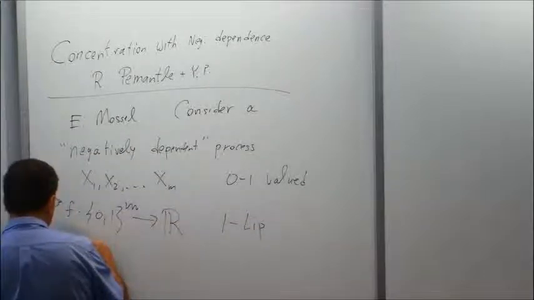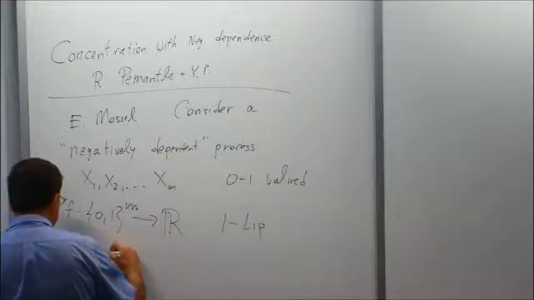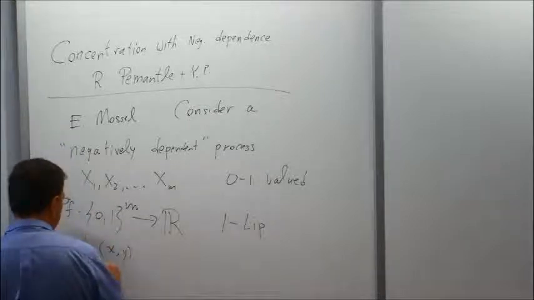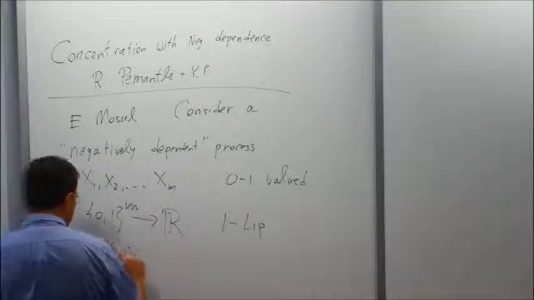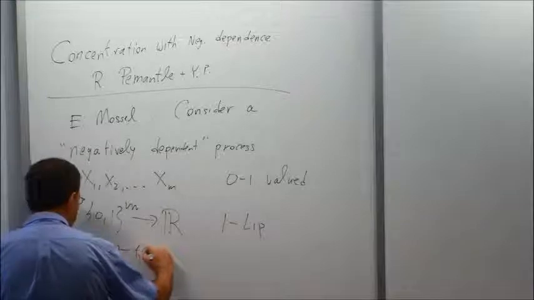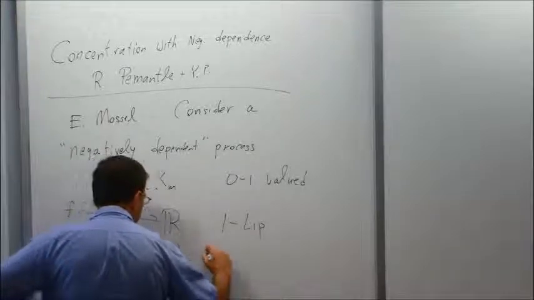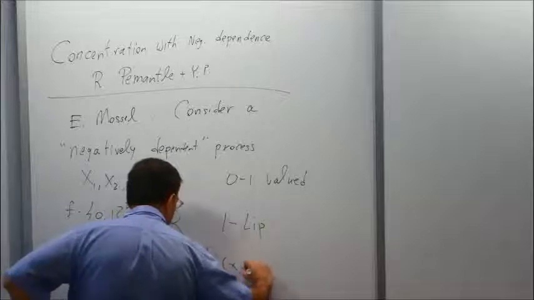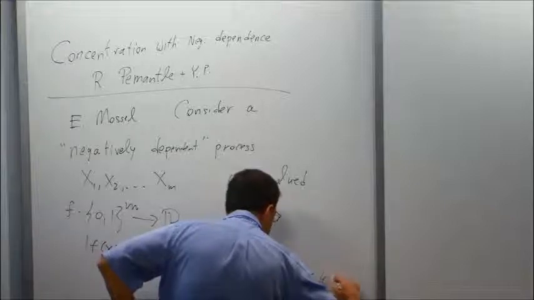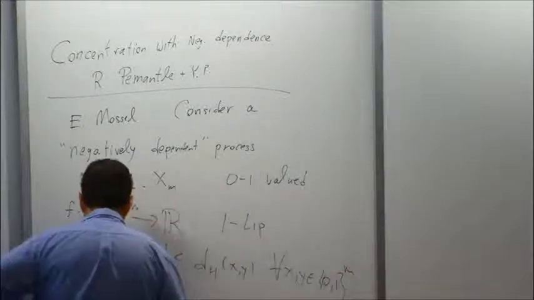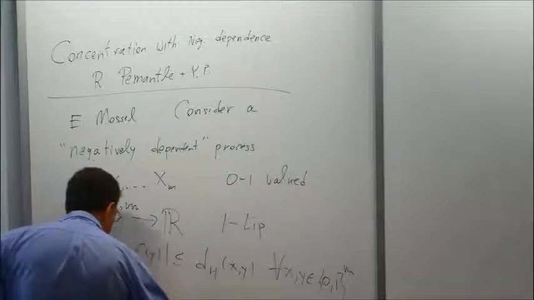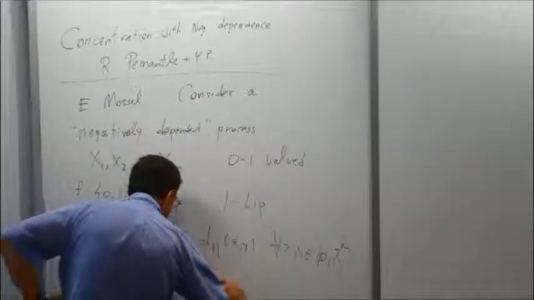Of course that just means that if we have two binary vectors x and y, then the distance between f of x and f of y will be bounded by the Hamming distance of x and y. And the question is, is f of this vector x1 to xm concentrated?